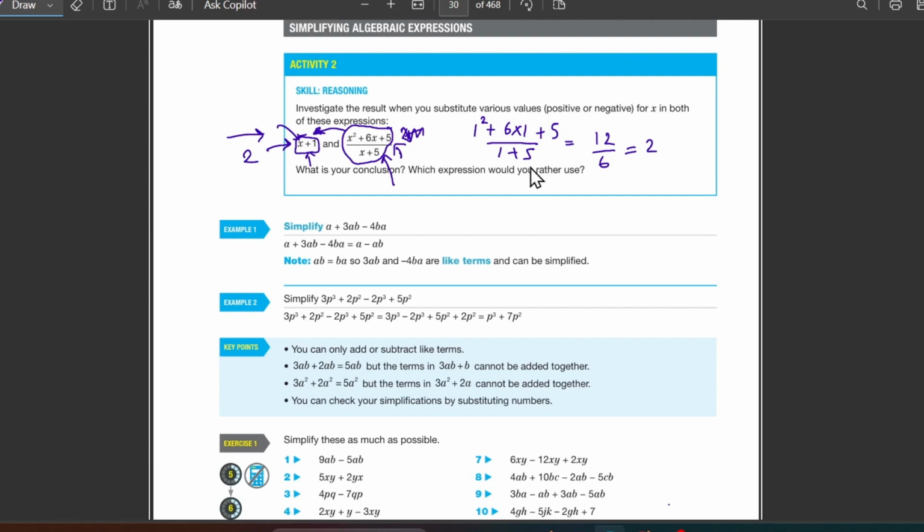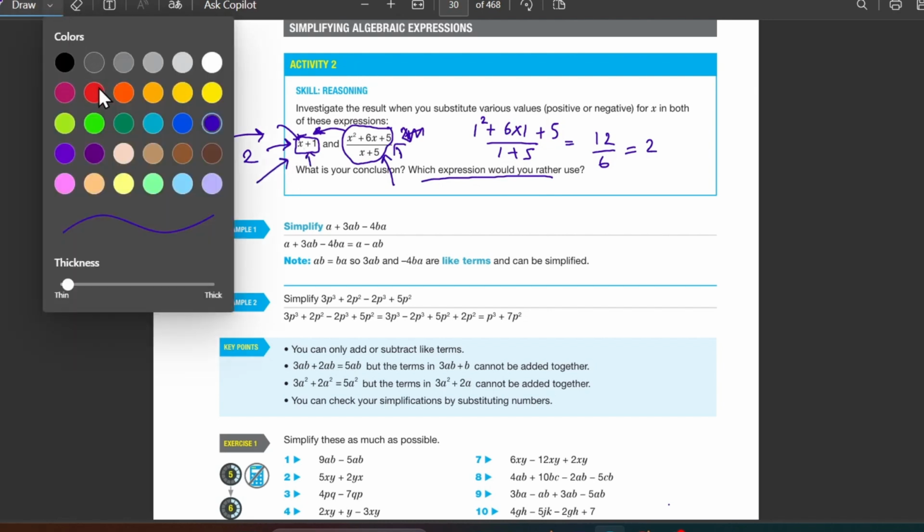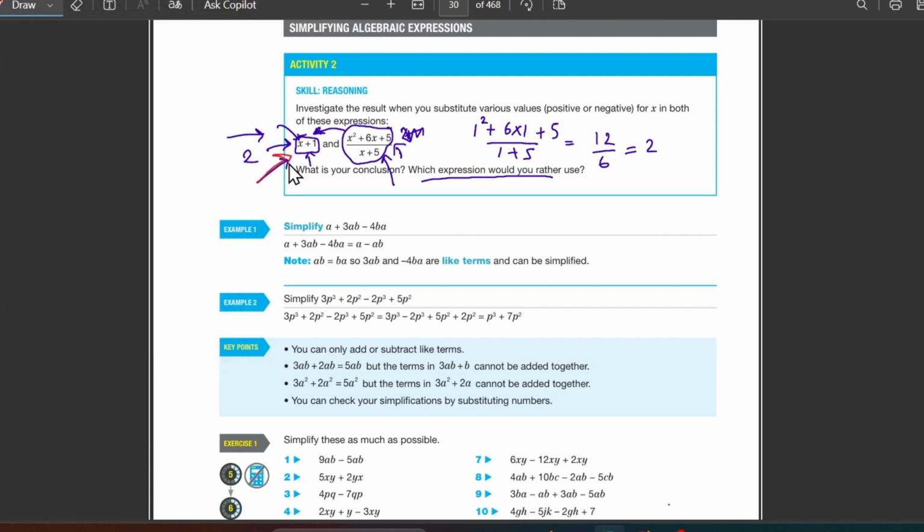That's why they are asking which expression would you rather use, because this one is easier. We don't have to do much to get the answer, and if we simplify this larger one, we will get the same thing.